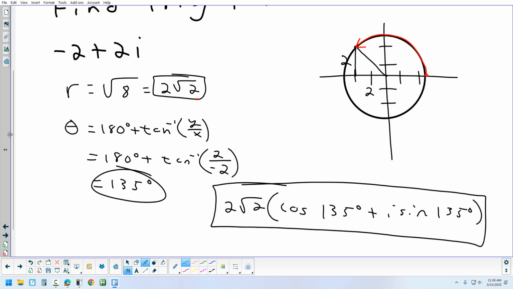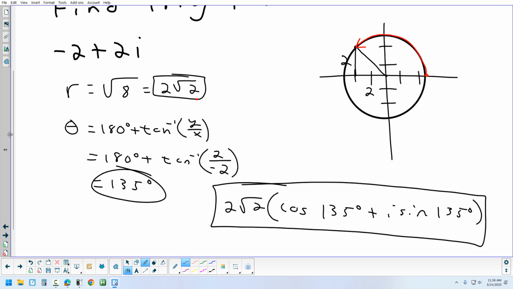If I multiply 2 root 2 times the cosine of 135 and distribute it out, would it be 2 times the root 2 cos 135 plus... give me a single number. It's going to be negative 2 plus 2i. It's going to go back to the original.